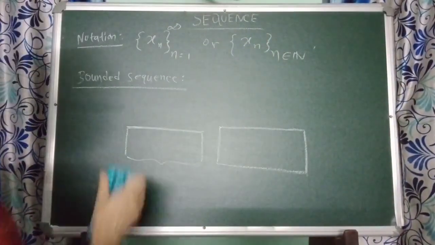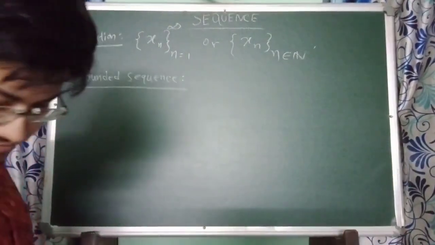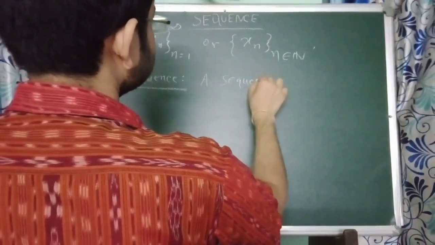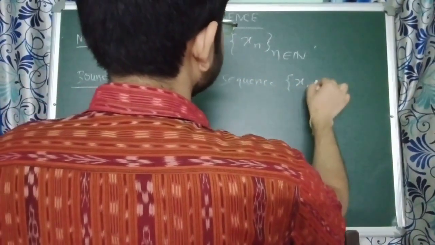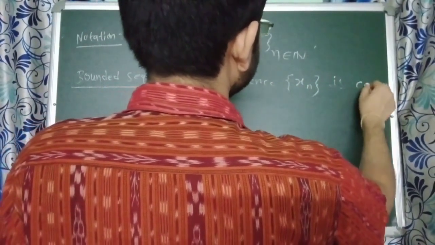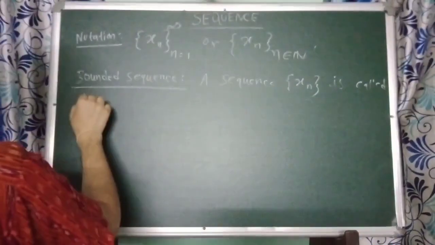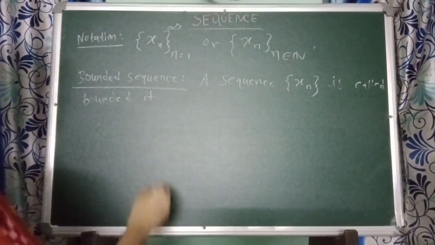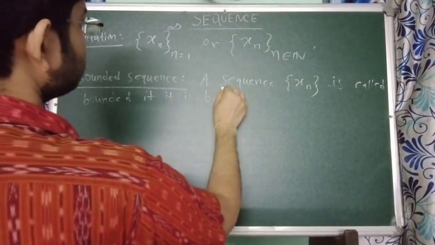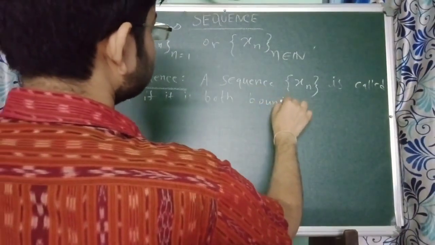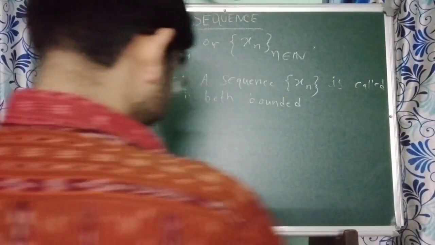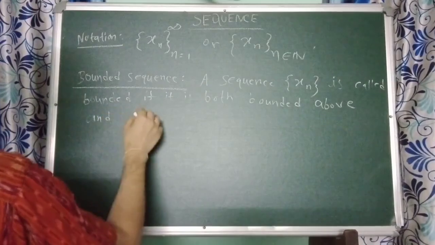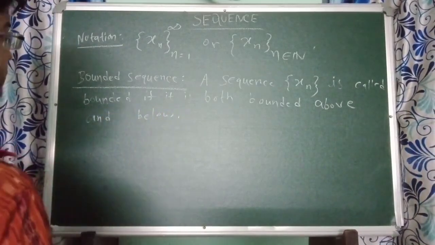So the definition is: the sequence is called bounded if it is both bounded above and below.